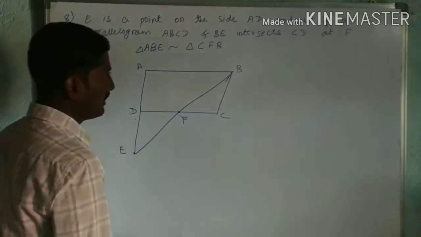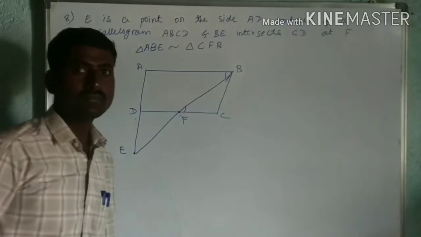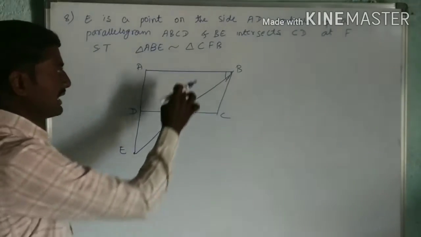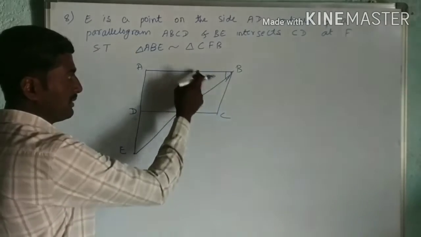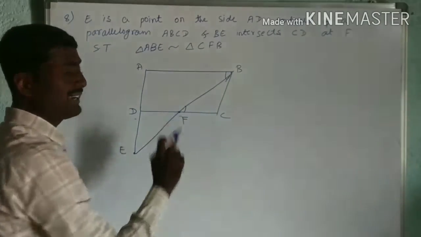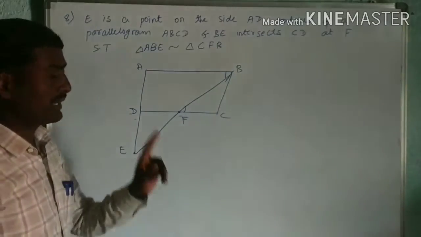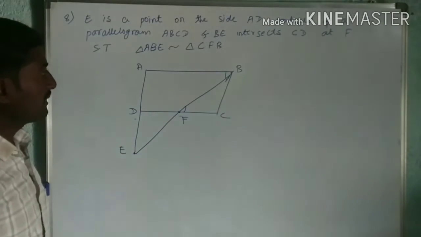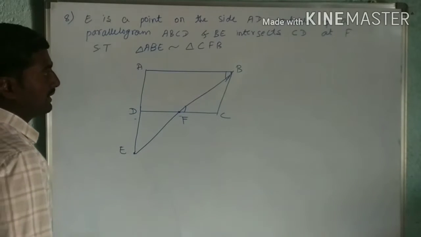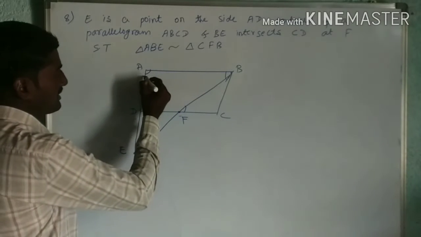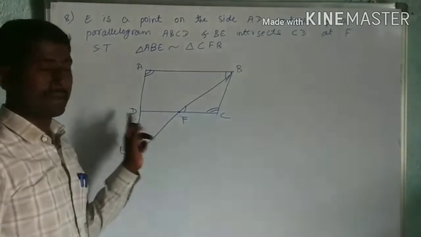Now here, can I say that this angle is equal because AB is parallel to CD? These two are alternate angles, they are equal. One I got. Then I want another condition. These two angles are also equal because ABCD is a parallelogram.